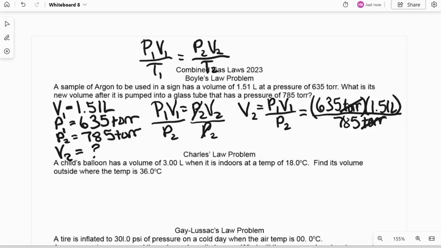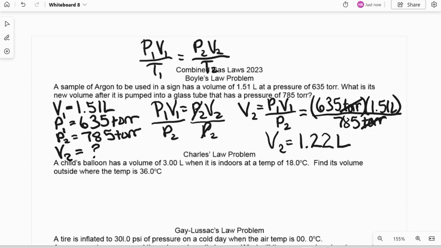If units of liters were on the bottom, have that be a red flag that you've made a mistake. Either you rearranged incorrectly or put the numbers in the wrong spot. And I get a long answer for V2 of 1.2214649668. We need 3 sig figs here. So 1.22 is going to be my answer.